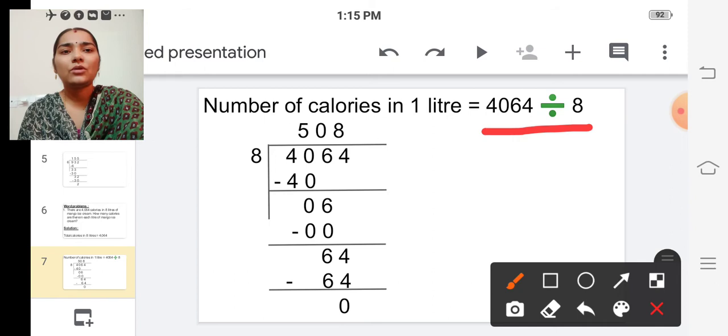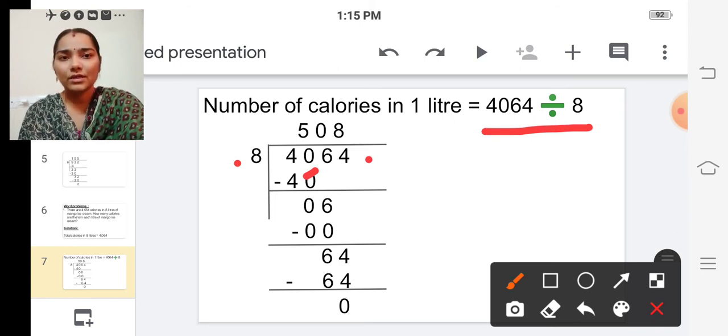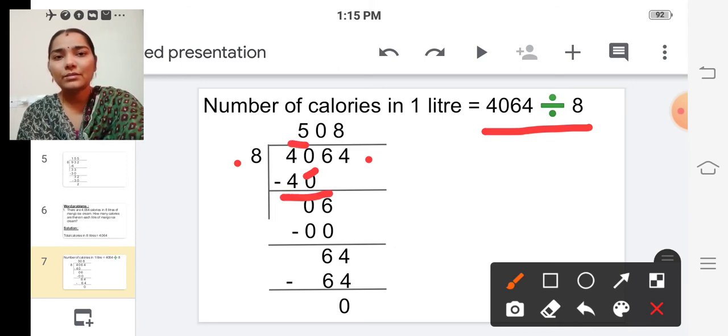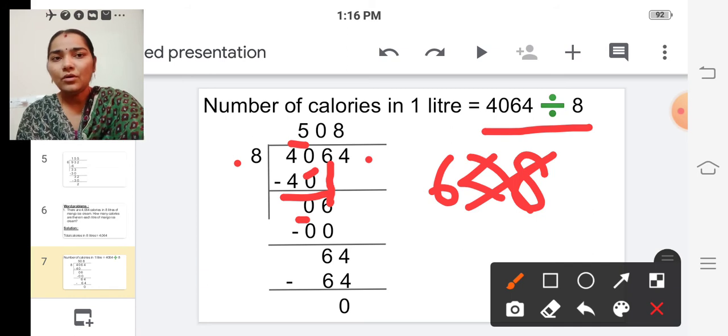So 4064 divided by 8. Consider the first 2 digits of the dividend, so 40. 8 5s are 40. So write that 5 here and 40 here. 40 minus 40 is 0. And bring down the 6 here. So 6 is less than 8, so we cannot divide. So put 0 in the quotient.